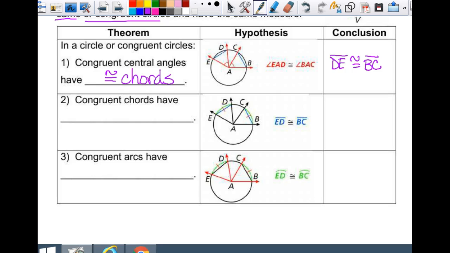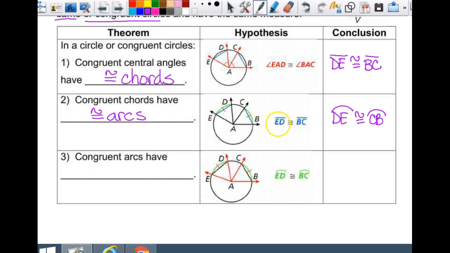If they tell me I have congruent chords, like they do in this one, then that tells me I have congruent arcs. So that would give me here then that arc DE is congruent to arc CB. And notice whether I put a line segment above it or an arc above it, it doesn't matter what the order of the letters are, but I'm talking about two different things, right?